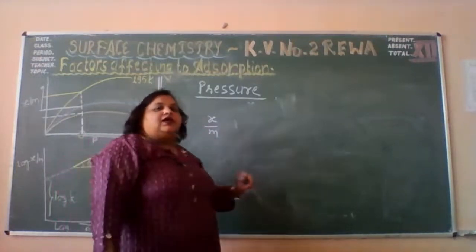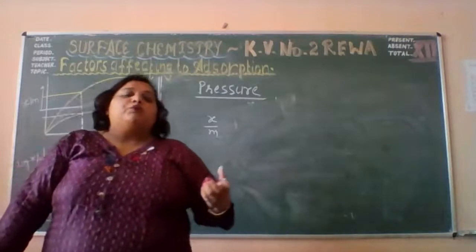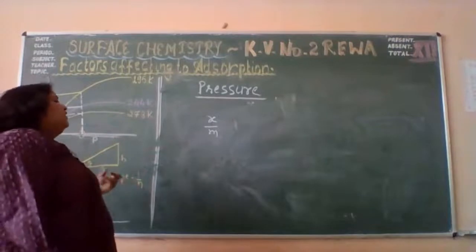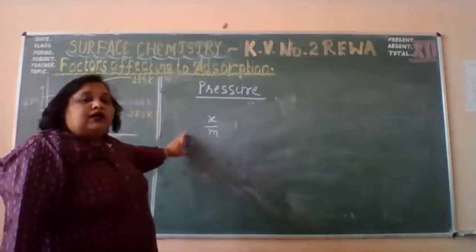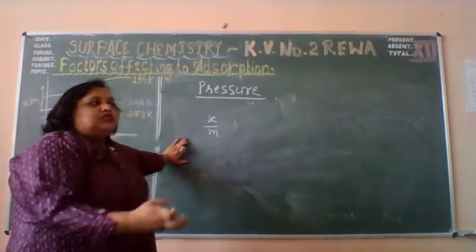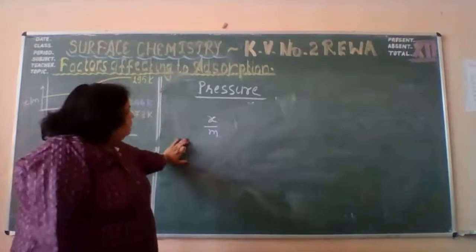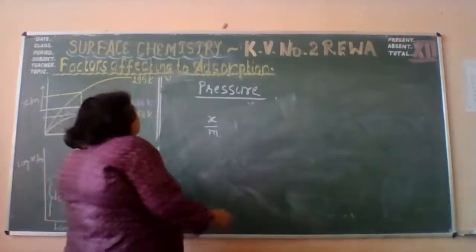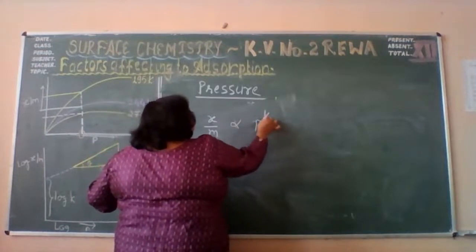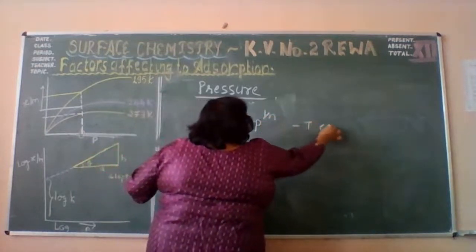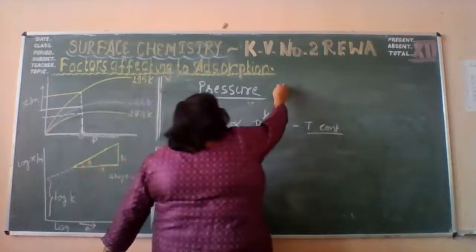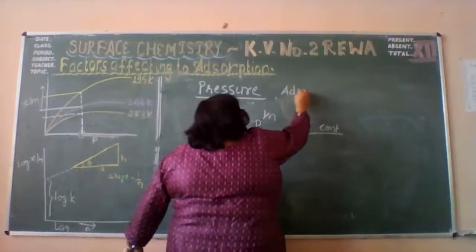That means you can say the amount of adsorbate adsorbed per unit mass of the adsorbent. For unit mass, 1 gram of charcoal, how much hydrogen, how much helium or any other gas can it adsorb? This is the meaning of this. x upon m is proportional to p to the power 1 by n when T is constant. The temperature is constant. This is called the Freundlich adsorption isotherm.